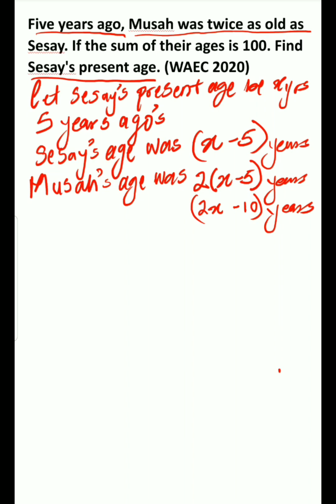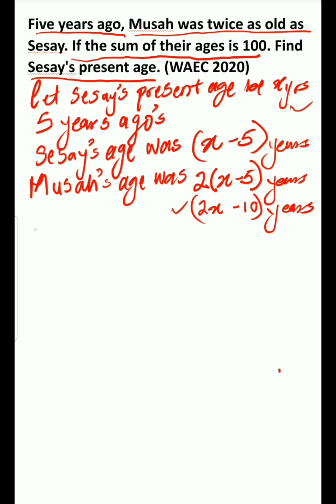Now the relationship. If the sum of their ages is 100, that means the sum of their present ages is 100. Addition. Sise's present age right now is X. Musa's present age now we don't know, but we know that Musa's age 5 years ago was 2x minus 10.